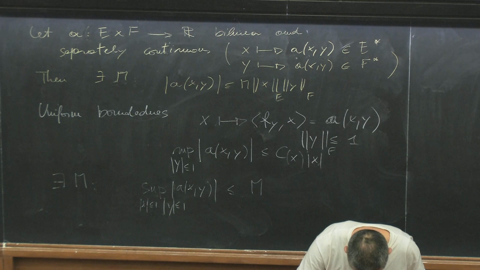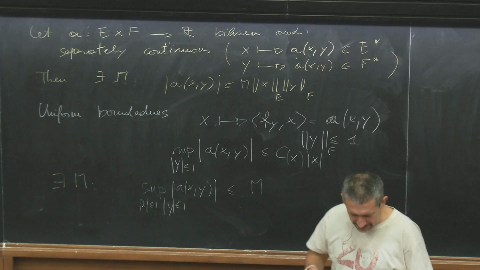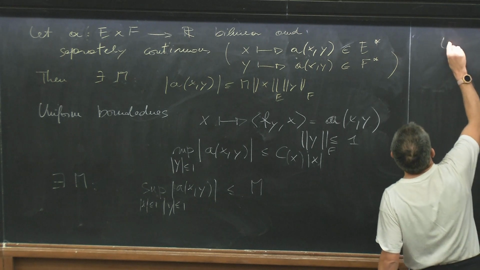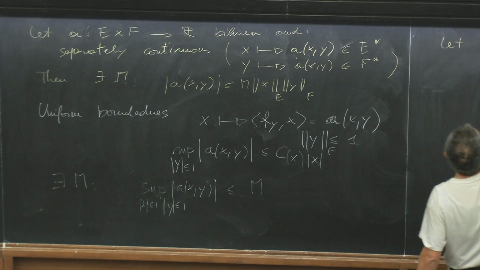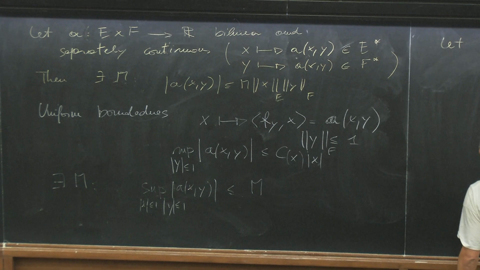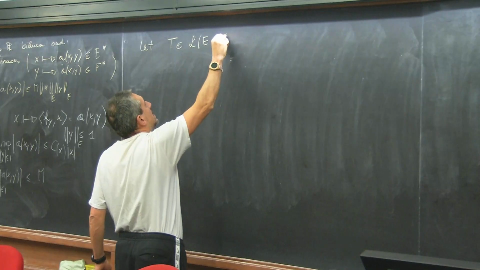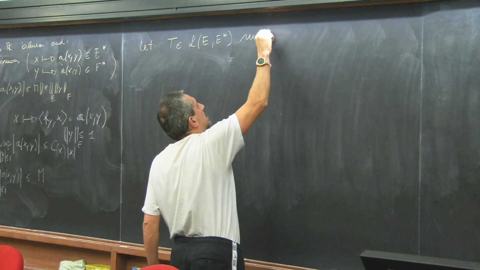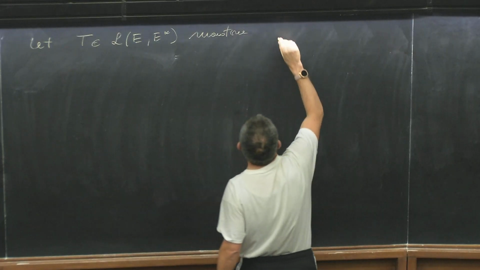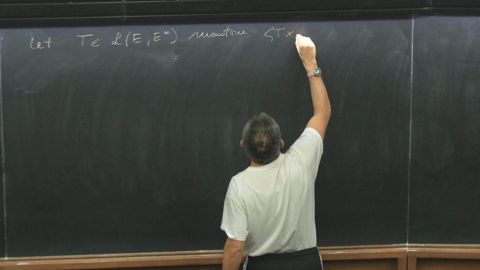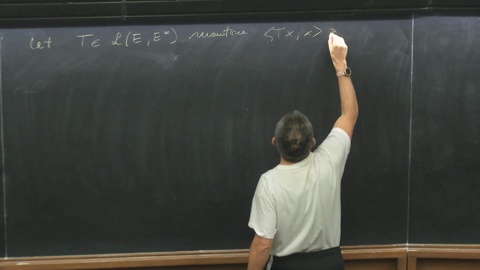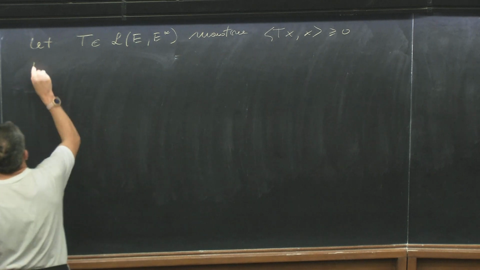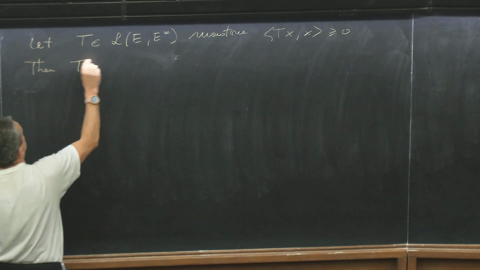Let's see this one here. Interesting. Okay, let's change a little bit. Let T be a linear function from E to the dual such that it is monotone, which means that the pairing of Tx with x is greater or equal than 0. Then T is bounded.